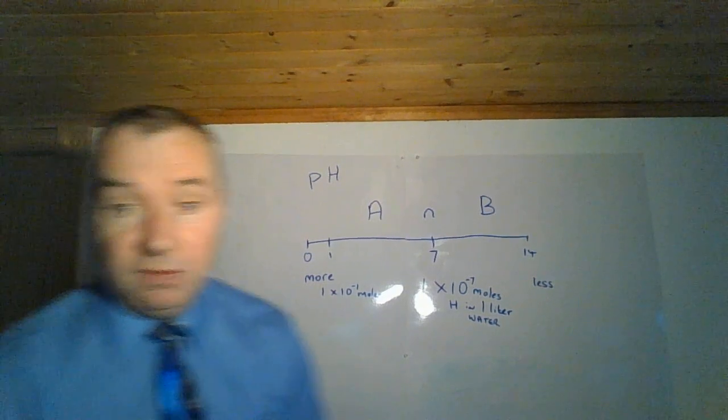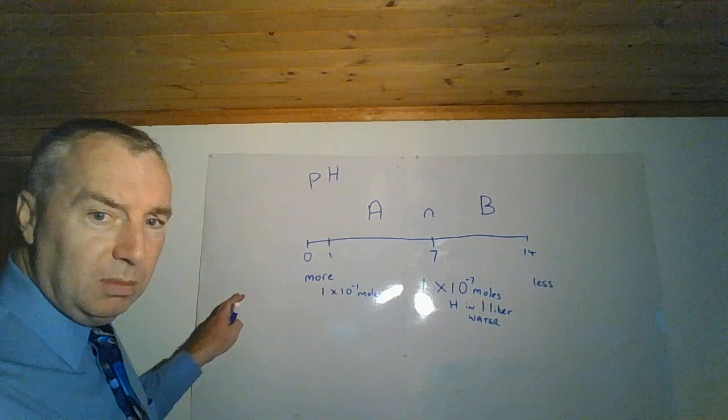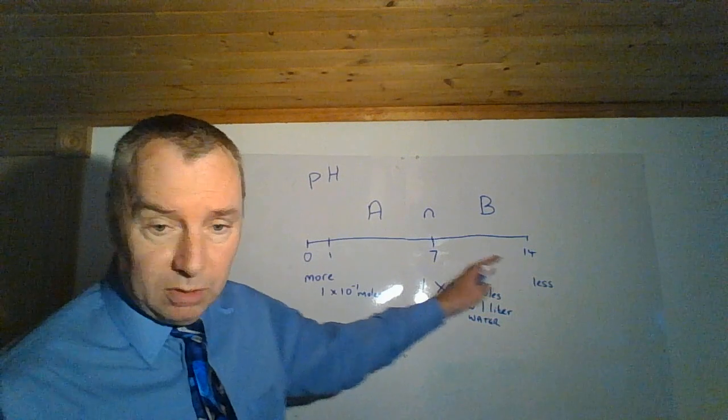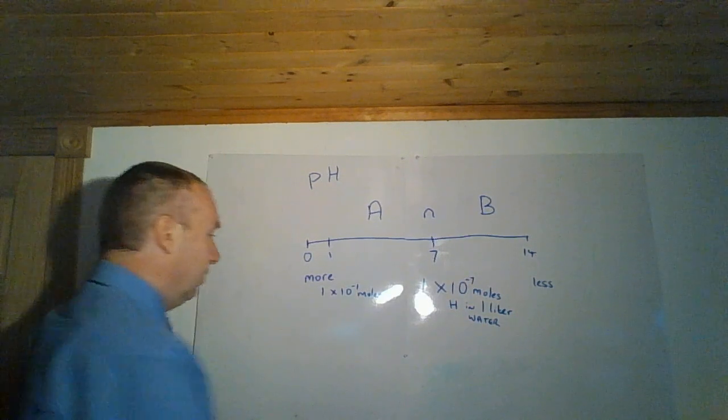So that's the reason for the confusion, that people go like, well, hold on a second, the small numbers have more free hydrogen ions than the large numbers, and they can't figure out why that is. Well, it's because it's an inverse logarithmic scale.